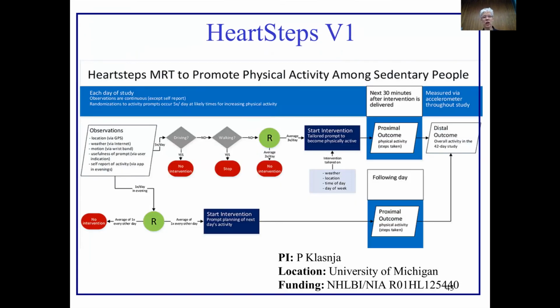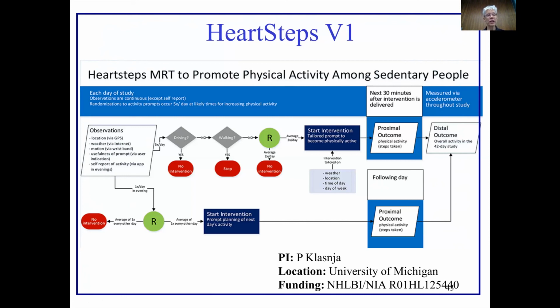Here's a schematic of the HeartSteps study that was run. I did mention at the very beginning of this talk that there were other components being randomized, so I want to go through that with you. It's a little simplified, but it still gets the main ideas. You have all these observations in this skewed rectangular box. You move through five times a day, and you assess if the person is driving at that time.